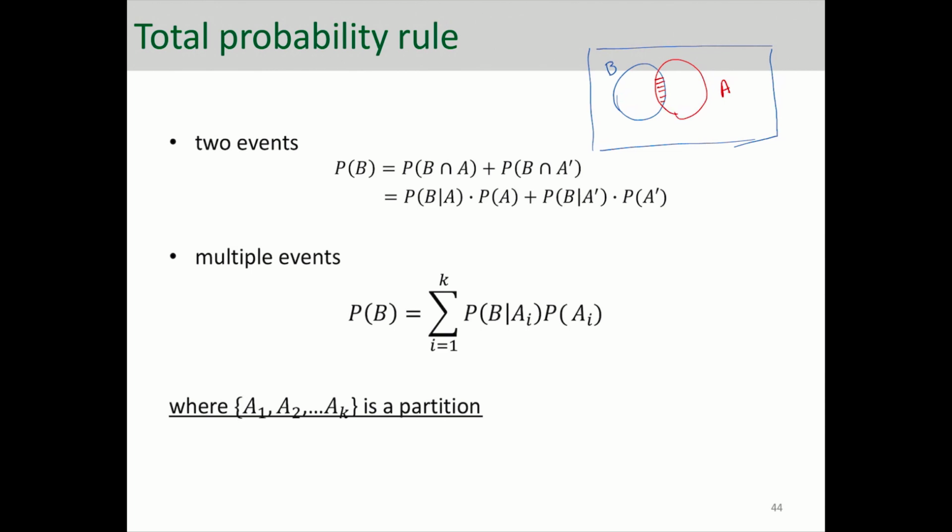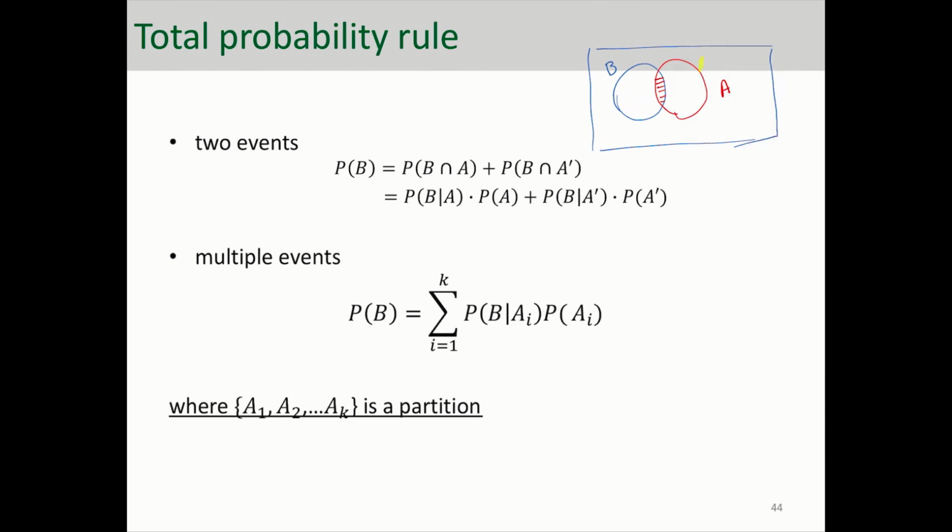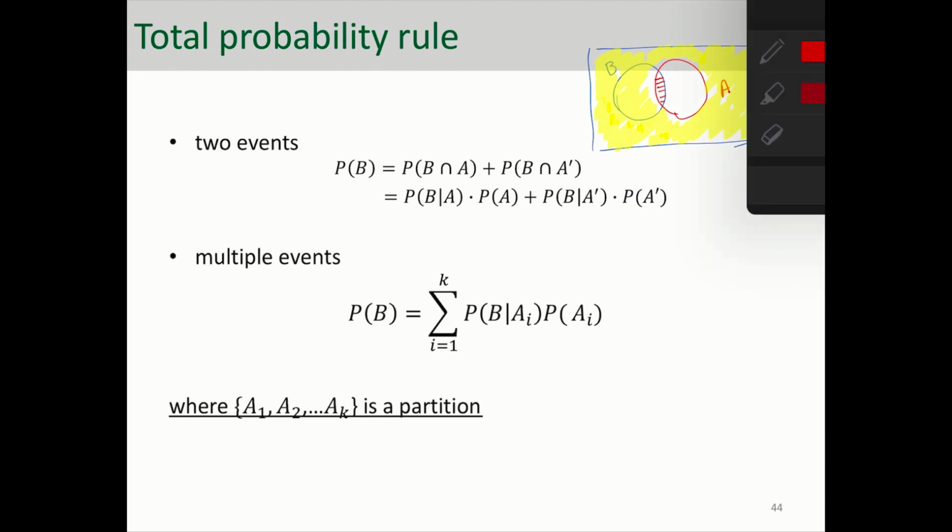We understand that A prime is anywhere outside of A. This is A prime, the shaded area.